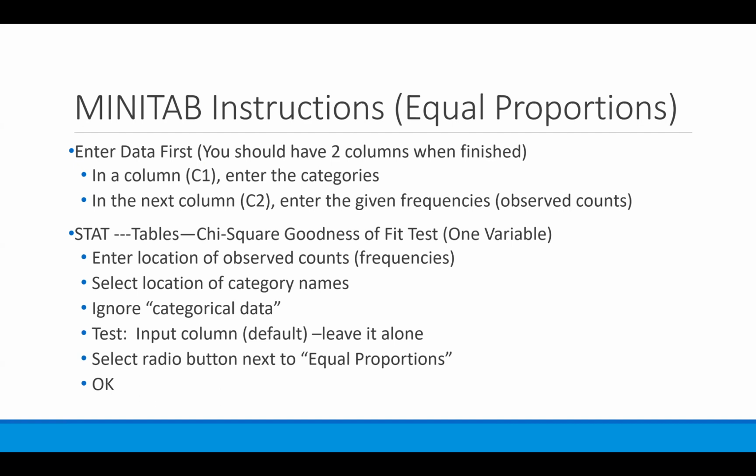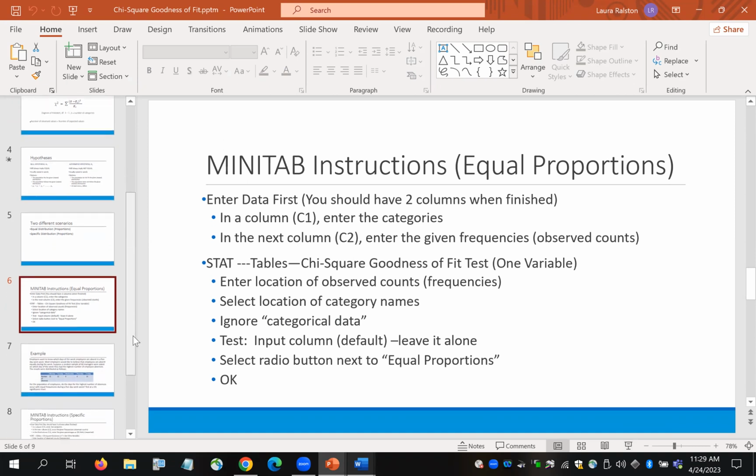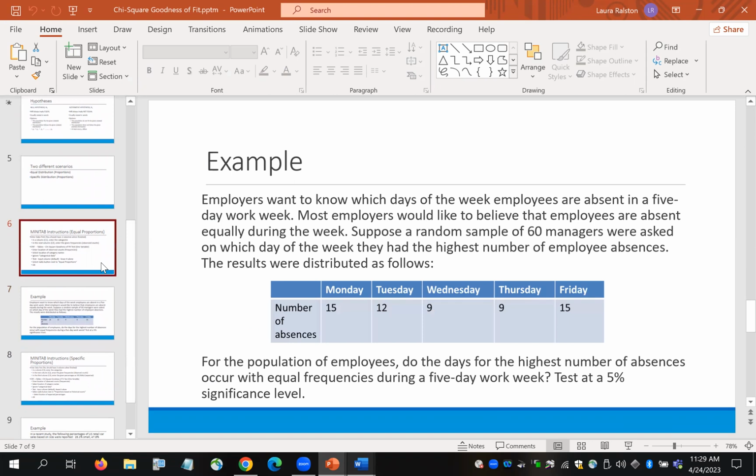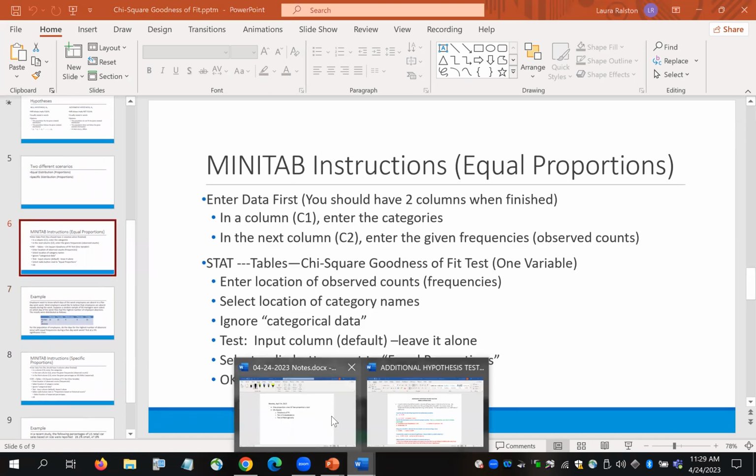The Minitab instructions for equal proportions are on slide 6. And then we have an example. So I'm going to see if I can pull the examples up in a Word document.